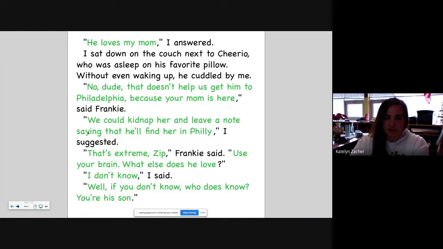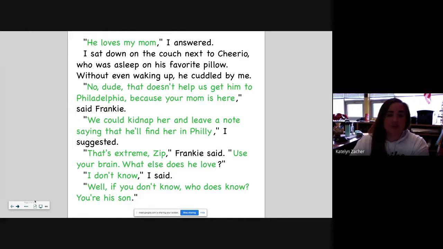This green has what Ben said. "That's extreme, Zip," Frankie said. "Use your brain. What else does he love?" You notice the quotation is what he said. Again here, do you see the question mark is in there? "I don't know," I said. "Well, if you don't know, who does know? You're his son." So this is very intense of how many there are and how to use them.